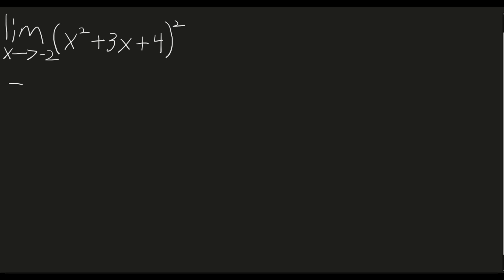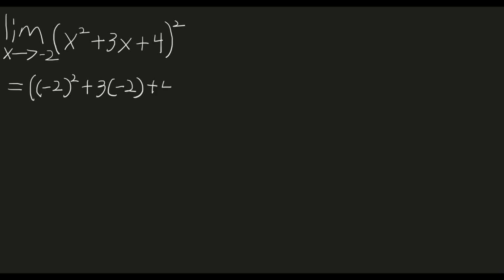Okay, so we could do direct substitution again by plugging in -2 into x. This would get us -2 squared plus 3 times -2 plus 4, all raised to the second power.